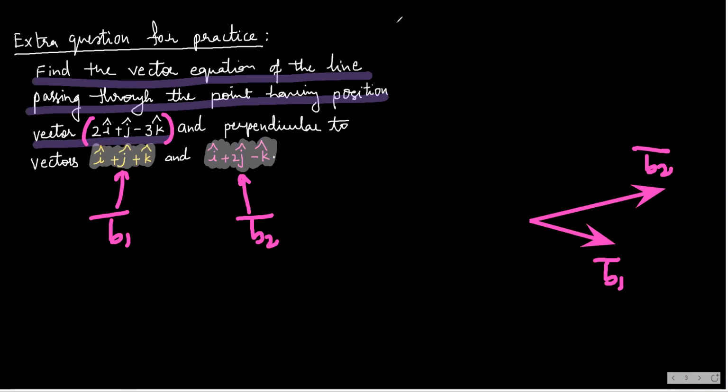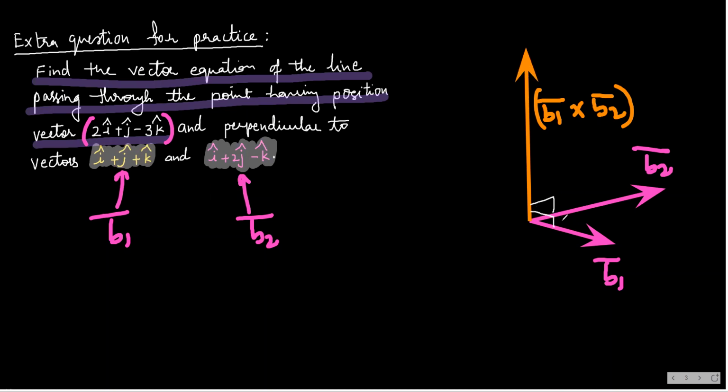Then I'm given that the required line is perpendicular to these two vectors. Now, in order to get a direction perpendicular to these two, I will have to find the cross product of these. So I will find b1 bar cross b2 bar. This vector gives me the perpendicular direction of b2 bar and b1 bar.